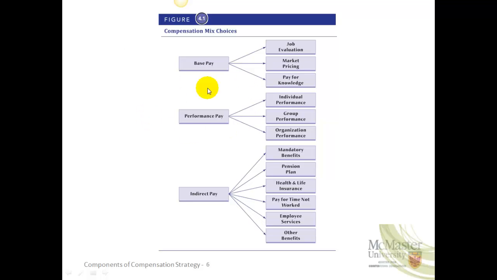We also have an option, most companies have an option, to offer performance pay. So we can offer people incentives or a performance boost or bonus if they perform well individually and meet their goals, or if their team performs well.